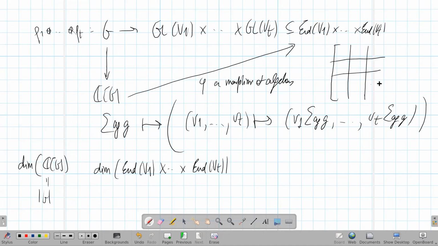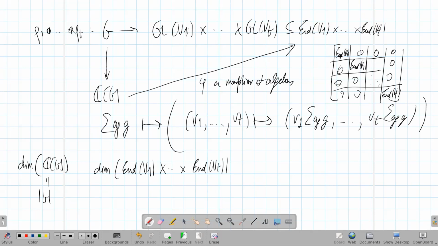This will be important. So here we have all matrices, here we have all matrices, and here we have all matrices, and zero elsewhere. And so the dimension of this will be the sum of these dimensions.